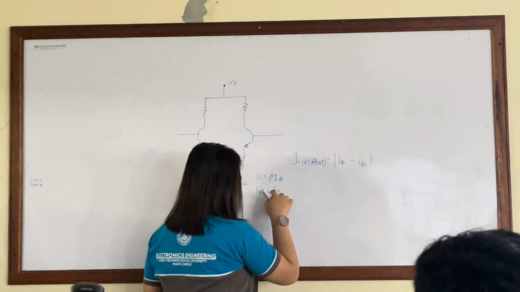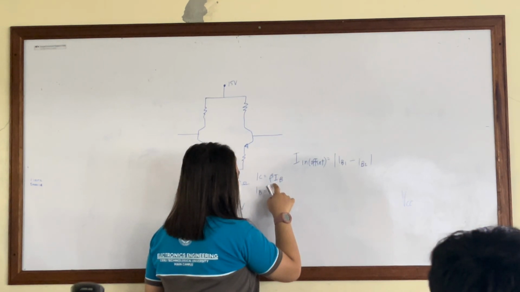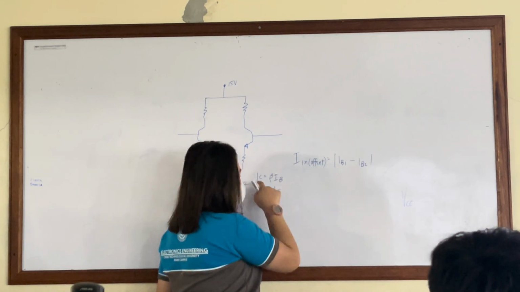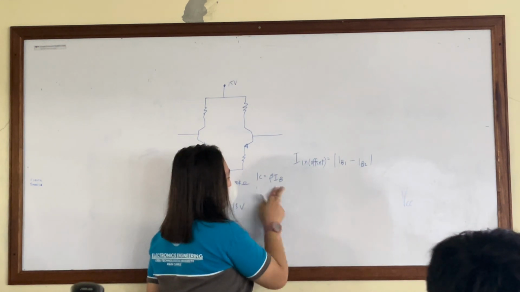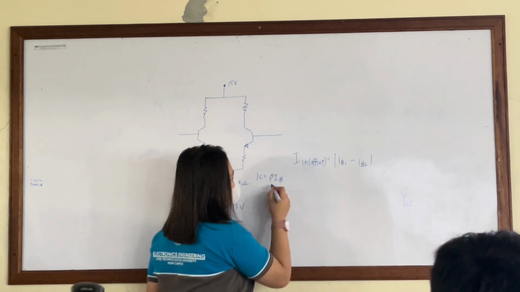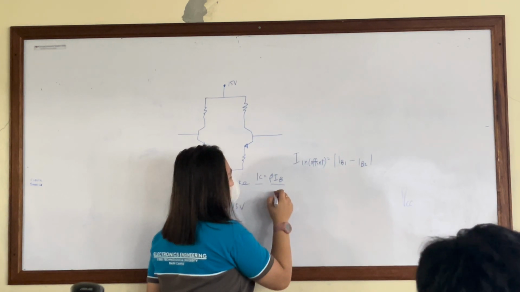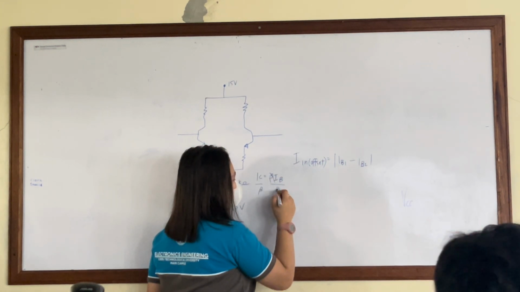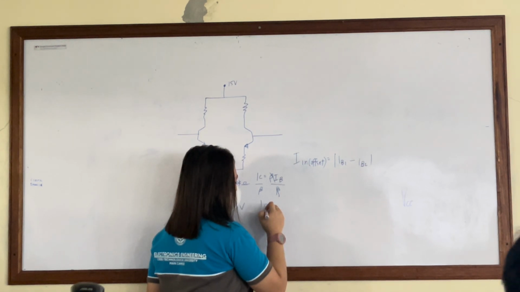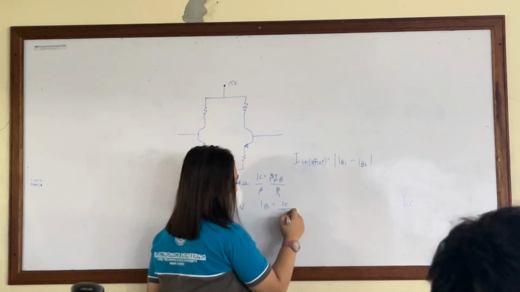You divide both sides of the equation by beta, so that IB remains. So IB is equal to IC over beta.